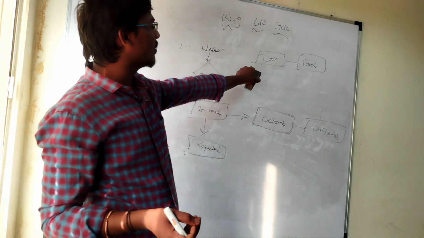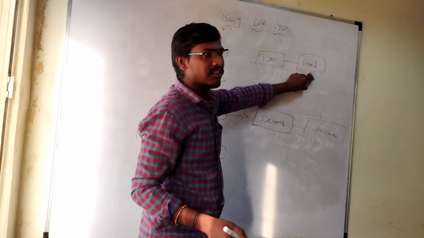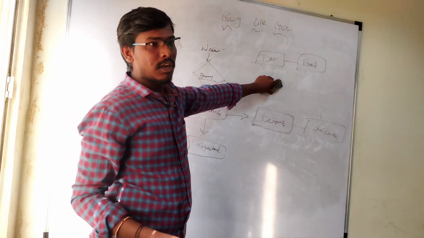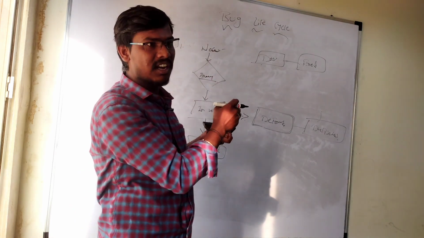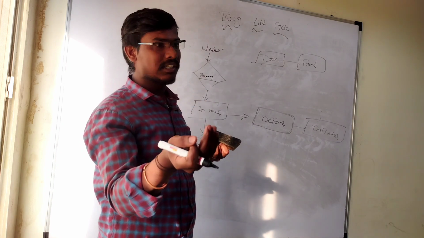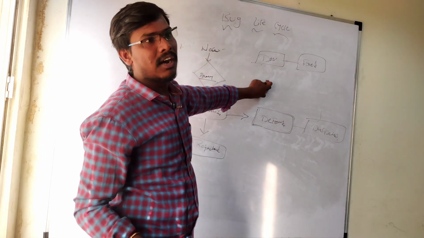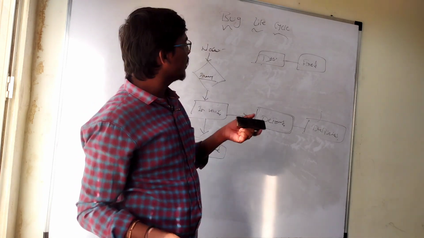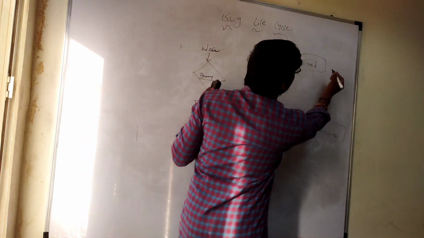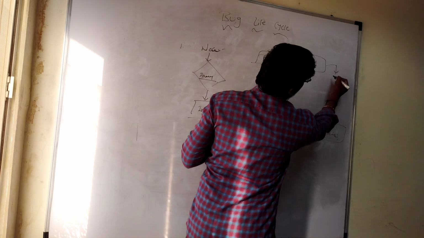Once the fix is done, the tester takes it. Before handing it to testing, the developer modifies the build and creates a new build. After that, the testers take that fixed build.